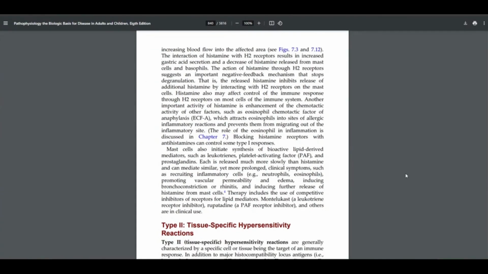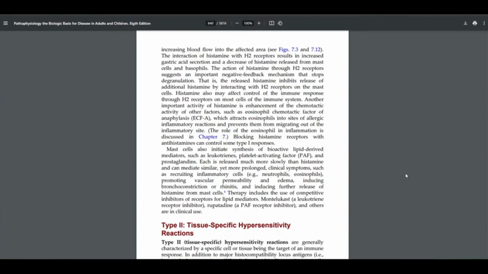The interaction of histamine and H2 receptors results in increased gastric acid secretion and a decrease of histamine released from mast cells and basophils. The action of histamine through H2 receptors suggests an important negative feedback mechanism that stops degranulation. That is, the released histamine inhibits release of additional histamine by interacting with H2 receptors on the mast cells.